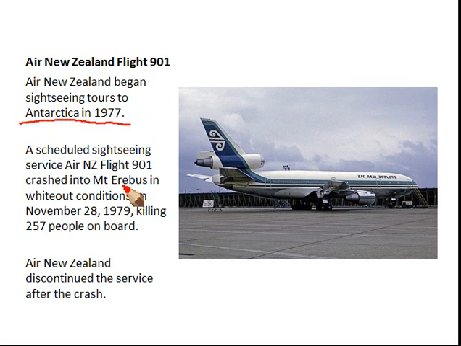They had whiteout conditions, and the pilot wasn't able to see in those conditions, and tragically the lives were lost. 257 people died on board that aircraft, and it's very rare for tourists to fly into Antarctica these days. Most of the tourists visiting Antarctica go there by ship.